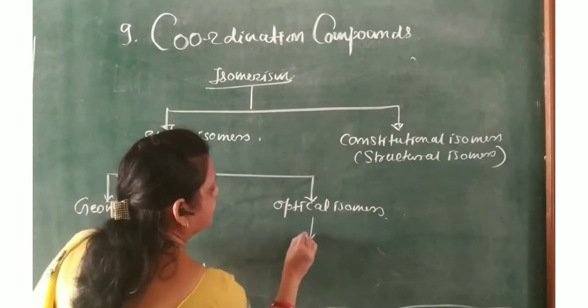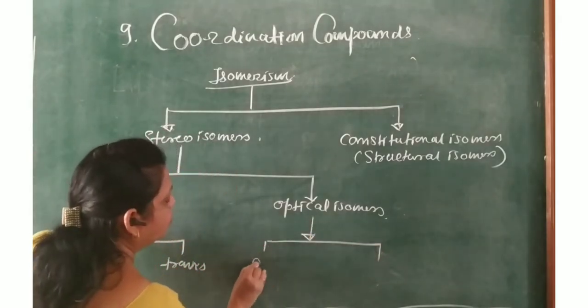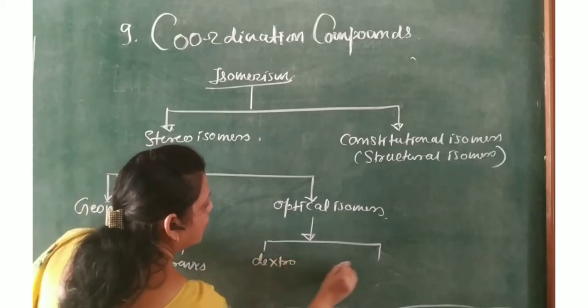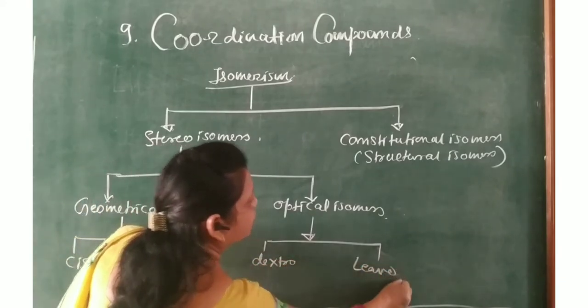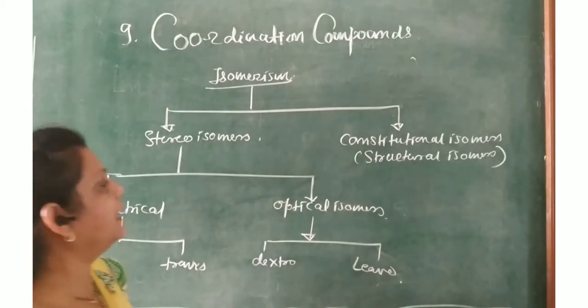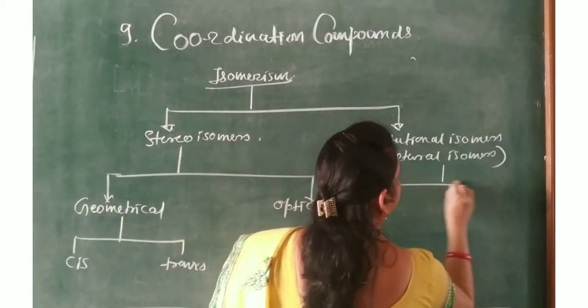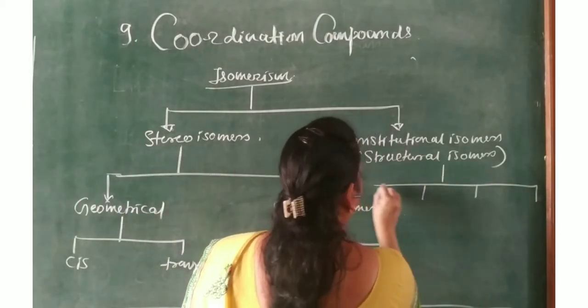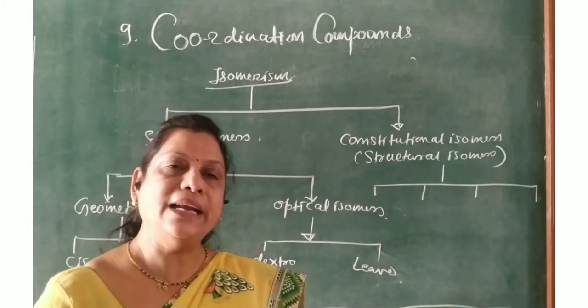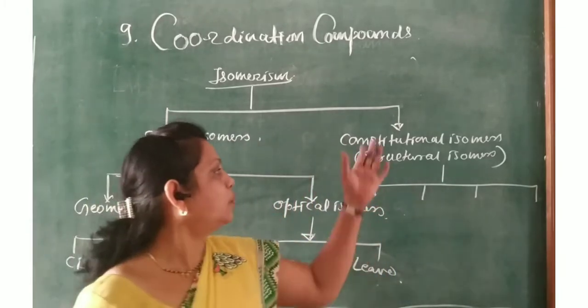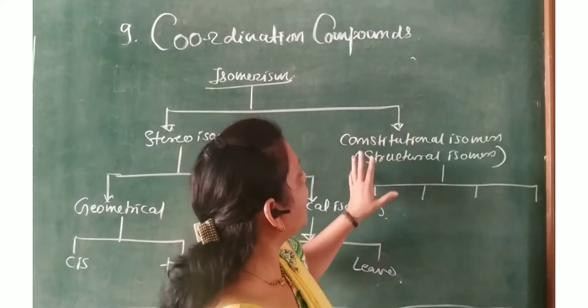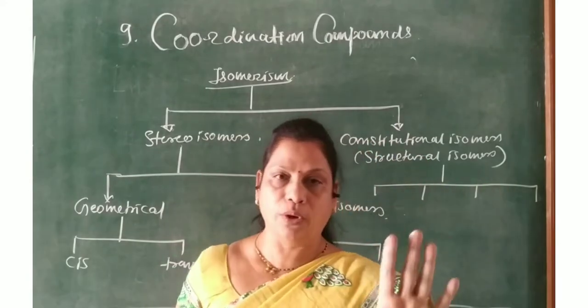Optical isomers are subdivided into dextro and levo isomers. Then constitutional isomers, on the basis of the structure and linkage of ligands through the central metal atom, are again subdivided into 4 types.